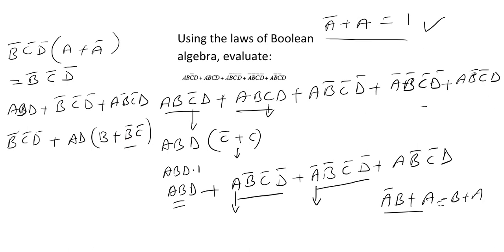Then we have the not C, which represents the term B here. So at this point now, the value that will be absorbed is this not B. So this one will be absorbed.